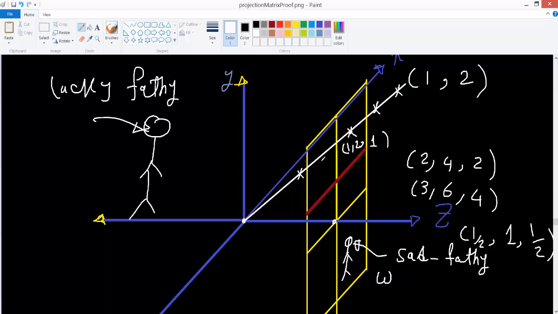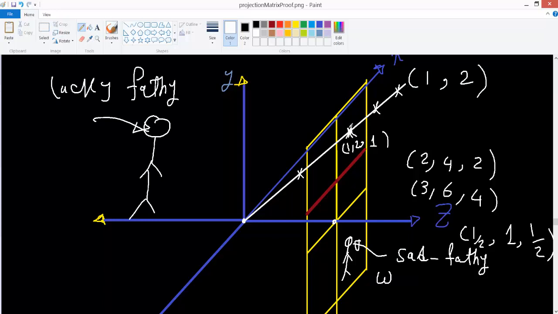Those points are considered to be homogeneous because if they are projected along this vector onto the plane where Sad Fathi lies, they will all be projected onto the same point, which is 1, 2, 1. This projected on this plane along this line will correspond to here, and this will correspond here, and this will correspond here.